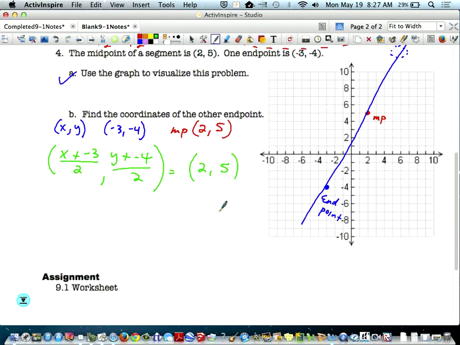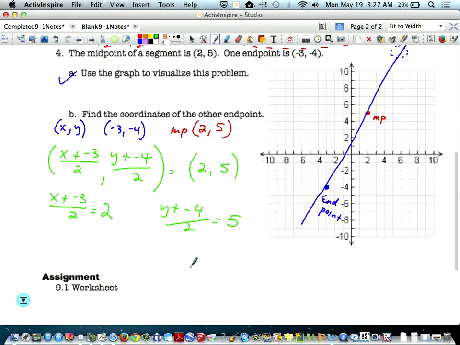So set the x stuff equal to 2. Set the y stuff equal to 5. And then solving these is kind of the same in both cases.